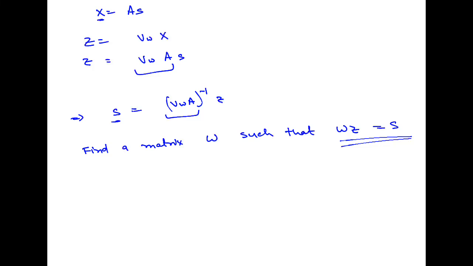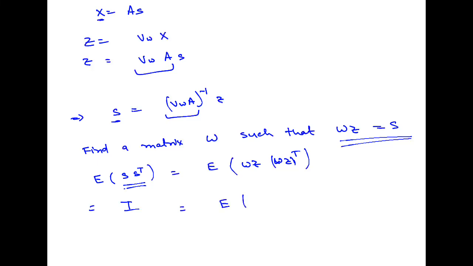In order to do this, let's look at the expectation of S S transpose, which is the same as the expectation of W Z times W Z transpose. I already assumed that my source matrix is white. So the left hand side is identity. Right hand side, by linearity of expectation, what do I get?